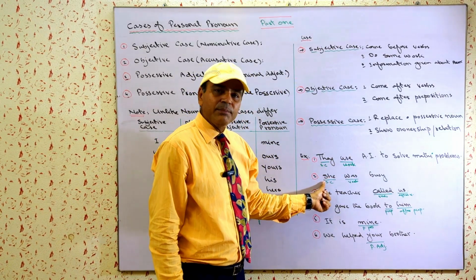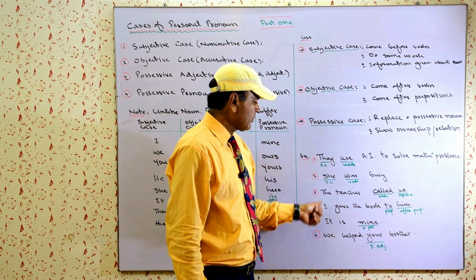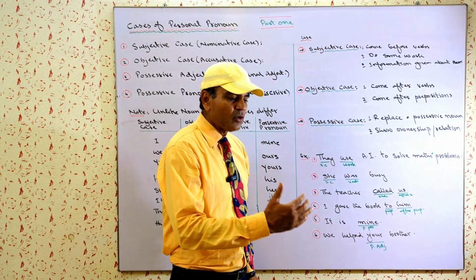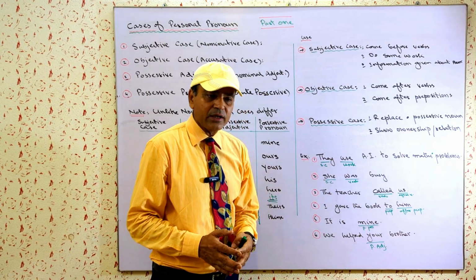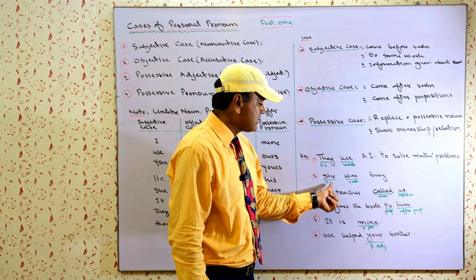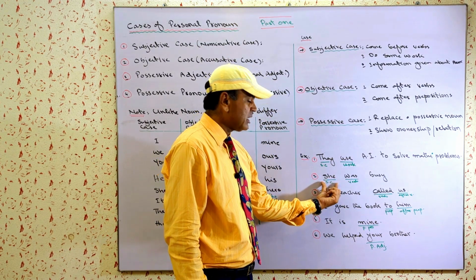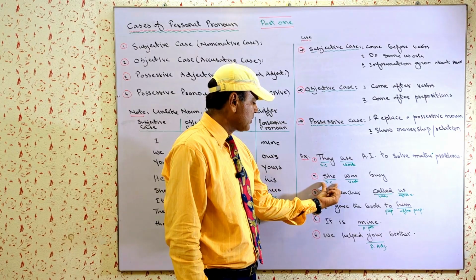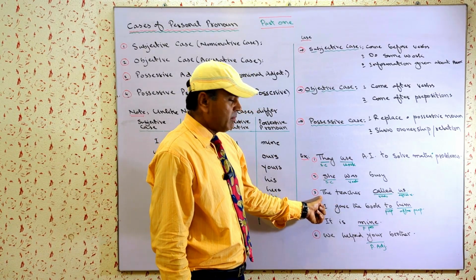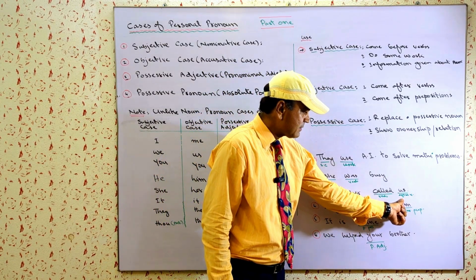And in the second example, she was busy. Here she is not doing any work. We are giving information about her, what her state is right now, or in the past she was busy. So again I use subjective case because information is given about this thing. Then example number 3 is the teacher called us.